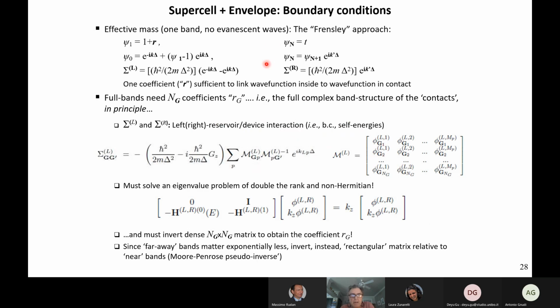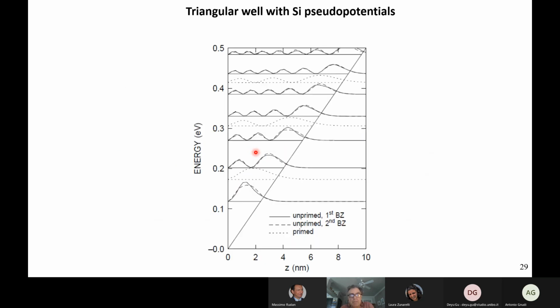Just an idea here. This is just what we saw in the past, the boundary conditions and what the sigmas are in the effective mass approximation. This is the form of the wave function that you have at the first point in the device, and this is just one point outside to the left and to the right, and how you derive these terms. In a multi-band situation, it's quite a nightmare, but it has to be done.